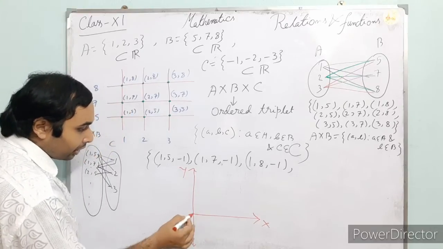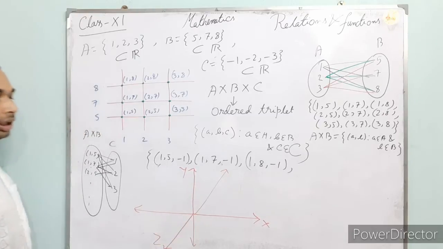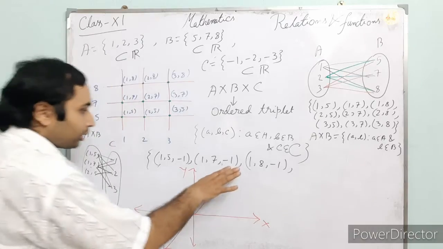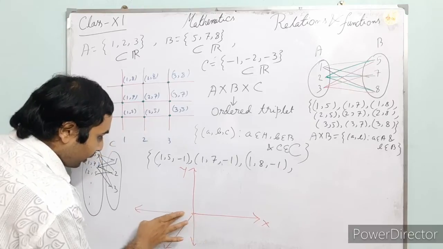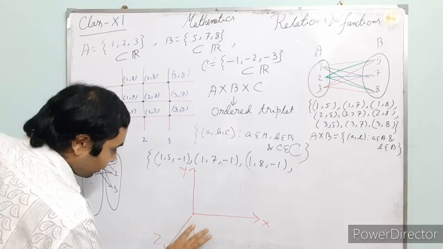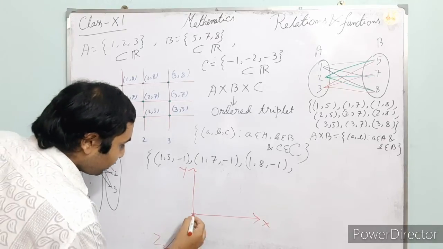The y-axis is going here, the x-axis is going this side, and the z-axis. This is the total three-dimensional plane actually. So we are just taking this small part. That's why the negative here we are just leaving. Okay, this is the set.